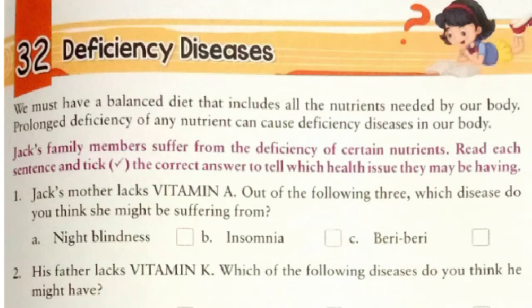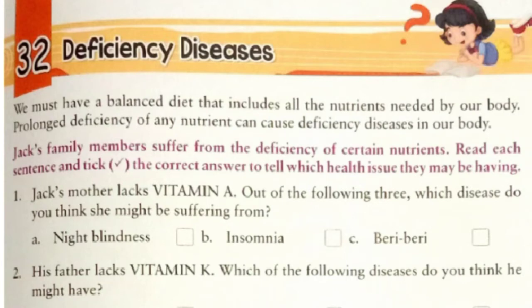So, are you ready to start? Okay, so let's read out our first question. Jack's mother lacks vitamin A. Out of the following 3, which disease do you think she might be suffering from? And the correct answer is night blindness.